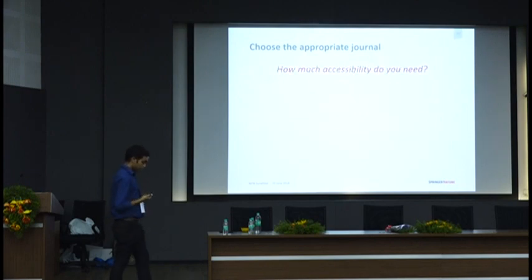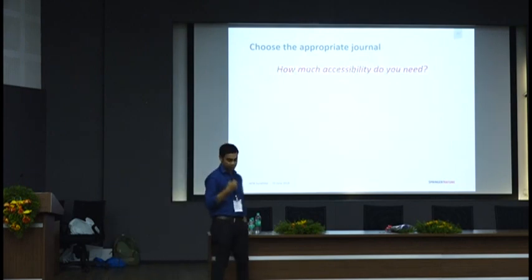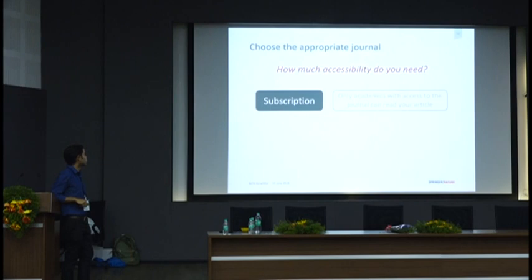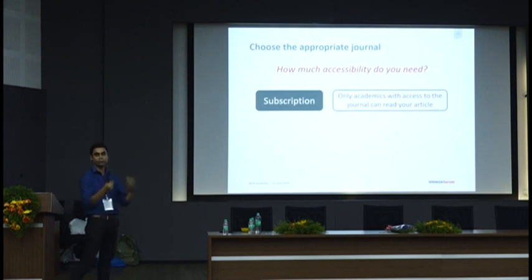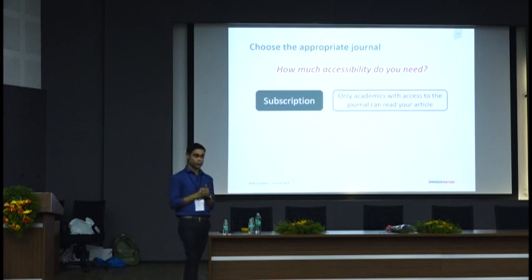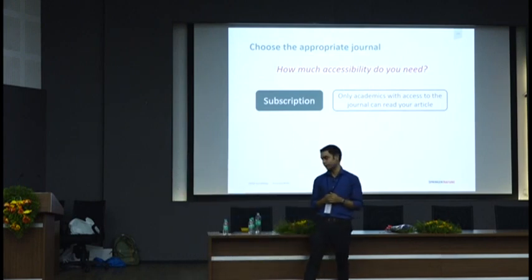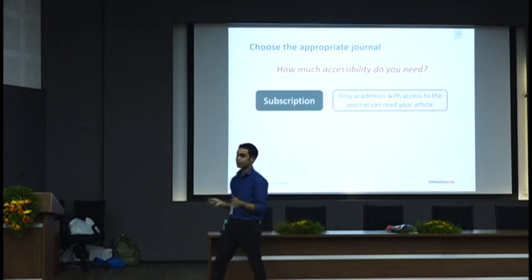The third one is, of course, accessibility. This is very tricky and very relevant, especially nowadays. How much accessibility do you feel your article should have? Of course, you can always go for the age-old subscription-based journals, which are tried and tested, well recognized and reputed.